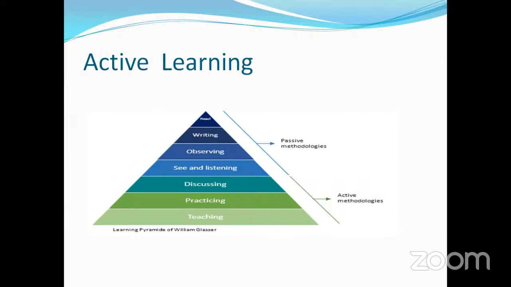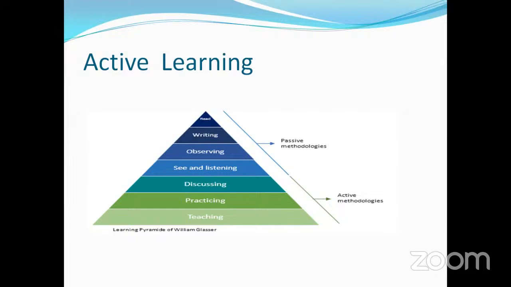So reading and writing, then observing, then listening, then discussing, then practicing, then we can teach. So practicing and teaching belong to active methodology. Reading, writing, observing belong to passive methodology. So both are connected together. That is called active learning.